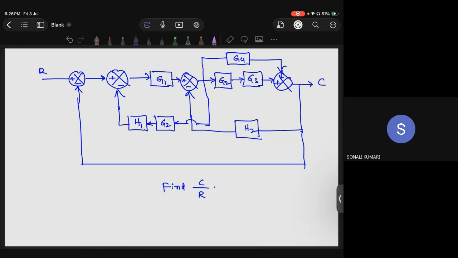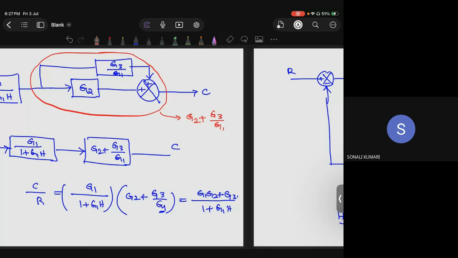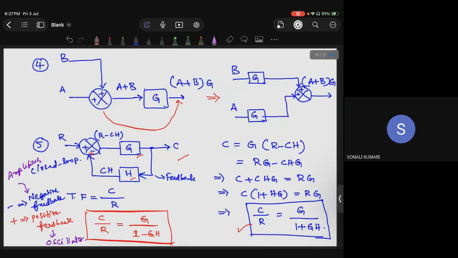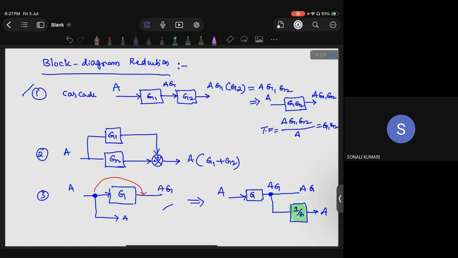One simple hint: see what you know exactly, that means the reduction techniques. When things are in cascade, you know how to do. When things are connected like this, it is called parallel, and that is cascade.